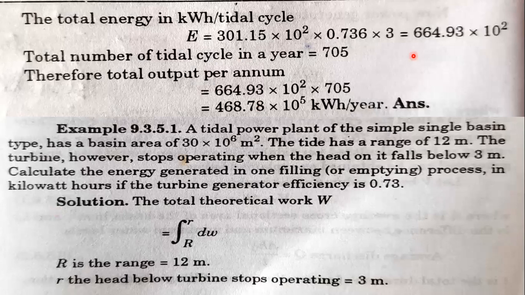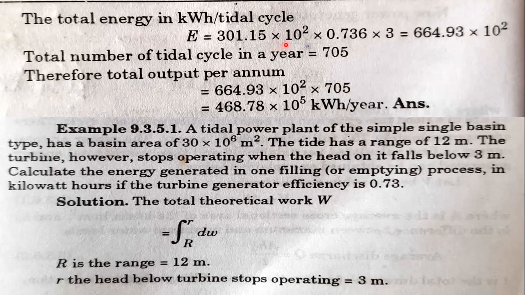Yearly power, E is given as Q rho H by 75 eta naught HP into 0.75 into 7 into number of times T. Sorry, 3 hours T. So we will get the energy here.